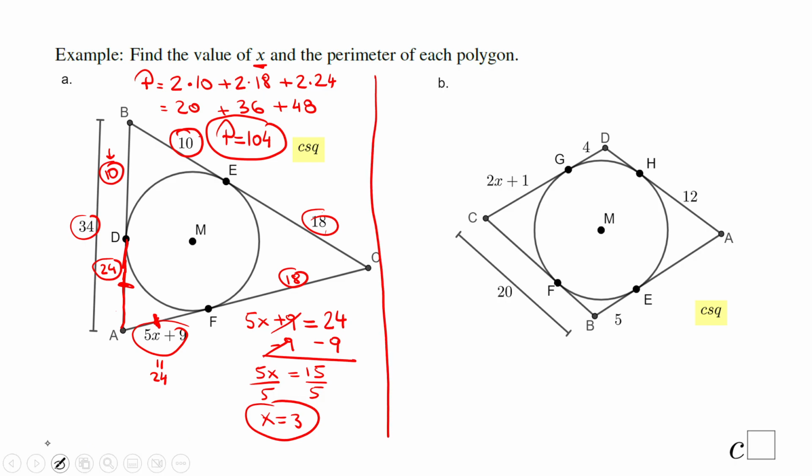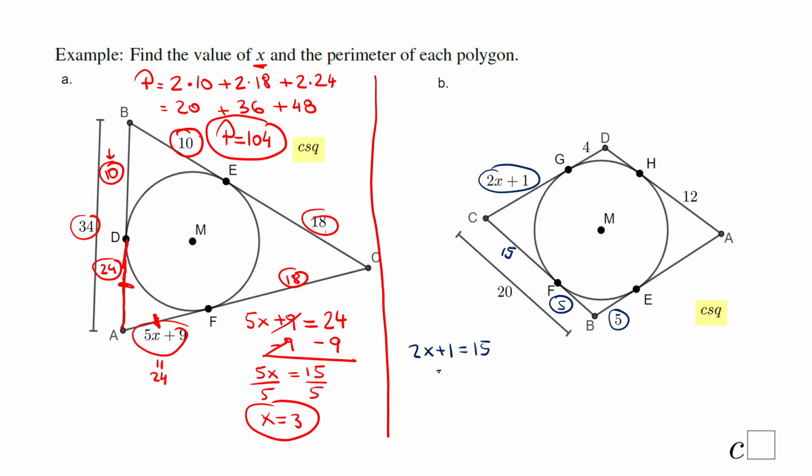Part B, very similar. We're going to need to find x first, and we notice x goes with 2x plus 1. Okay, so we need to find the length of segment CF. If this is 5, this is 5, and that means this is 15. So we have 2x plus 1 equals 15.